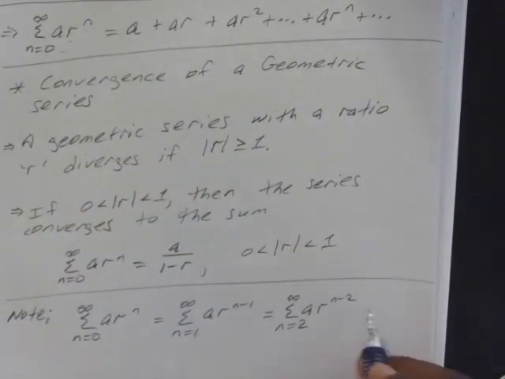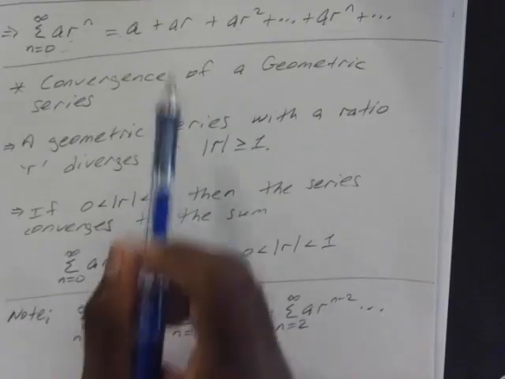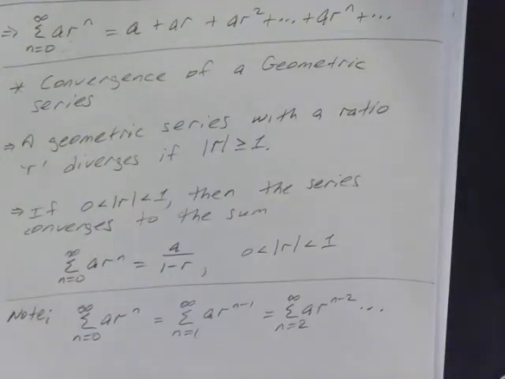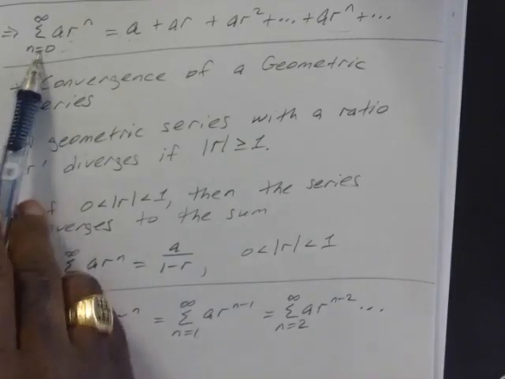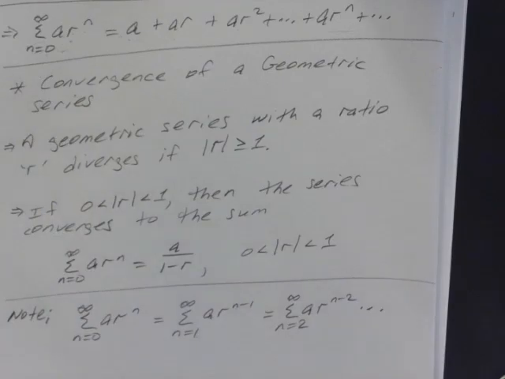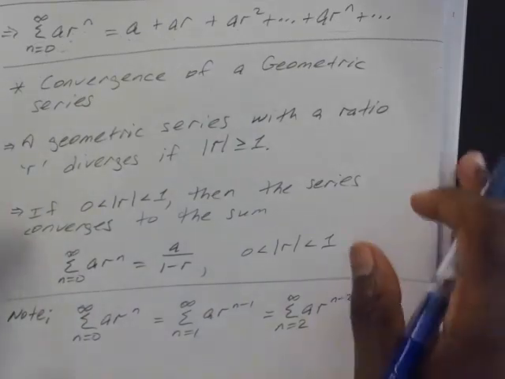So there are so many different ways you can write it, and it still ends up being a geometric series. So you don't want to get too locked in on this form because it can show up in other ways. The first form is the most common, but it's not the only one.